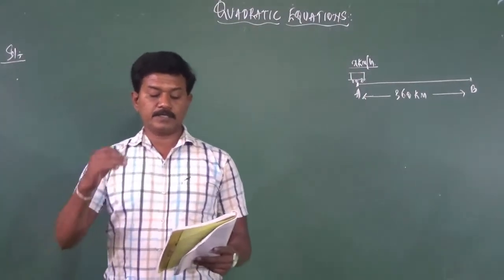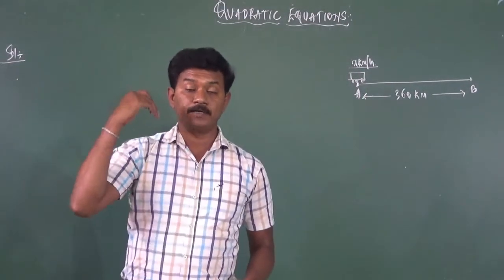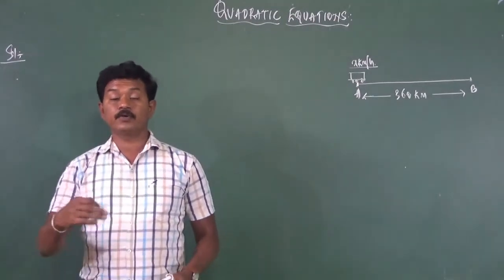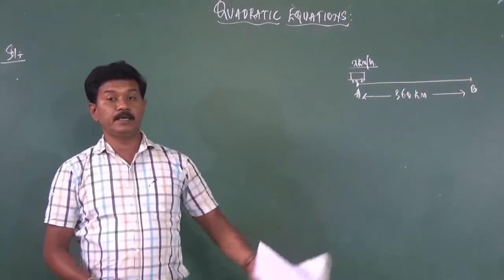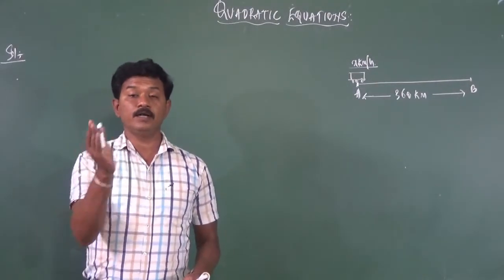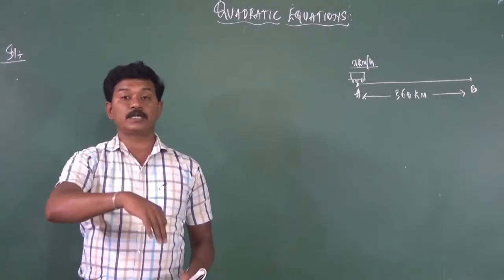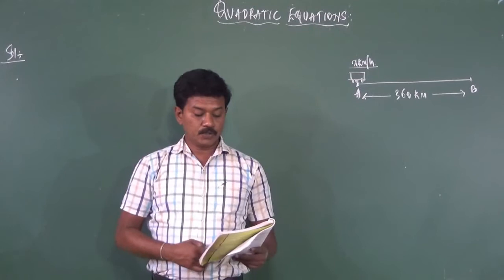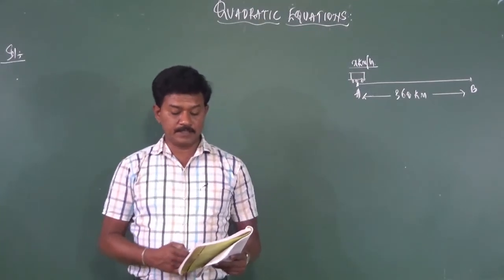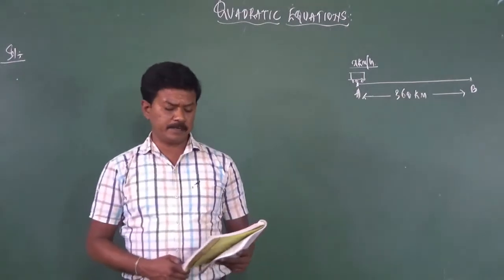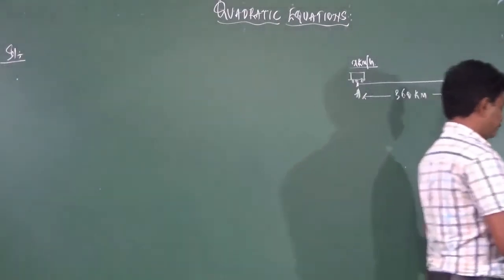So if the train had gone 5 km per hour faster than the usual speed, it would have covered the distance from A to B of 360 kilometers in 1 hour less than the usual time. If this is the condition, find the speed of the train. That's a very important problem.